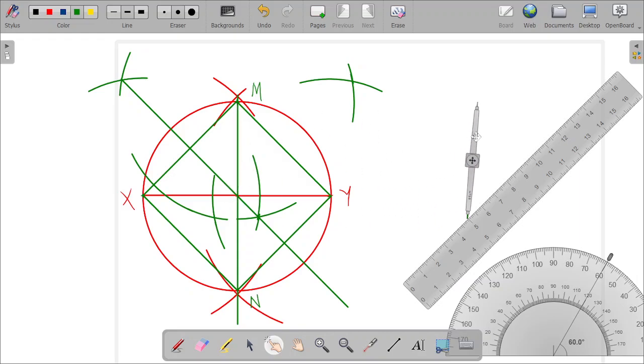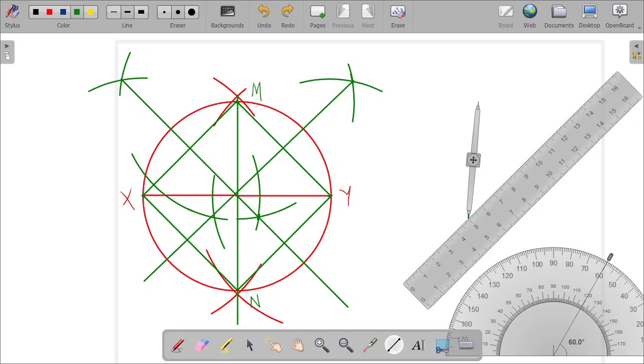Then I have to join the points of intersection of those arcs. So join this intersection point to this other point here. Now make sure the line is long enough to cut both sides, please.